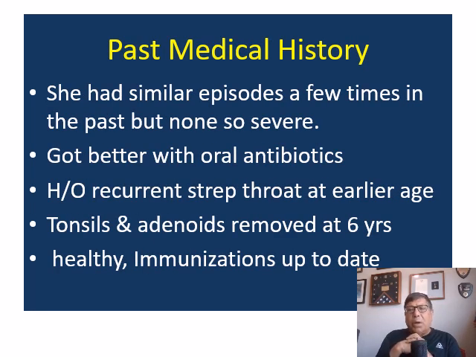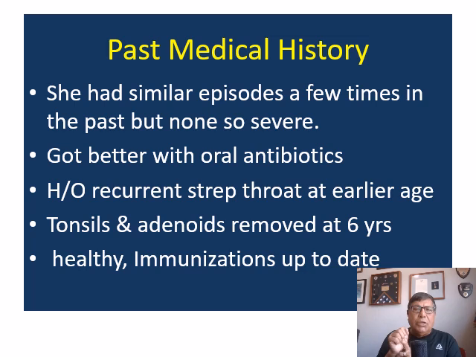Going back to the past medical history, we found that she had similar episodes a few times before, but none of them had been this severe. She had gone to her pediatrician, who many times told her that this was probably a bacterial sore throat, and they prescribed antibiotics, and she did get better a few times.